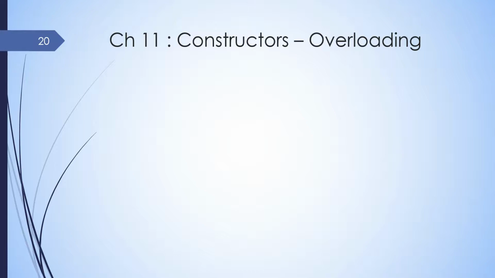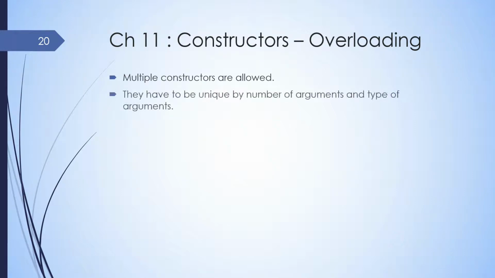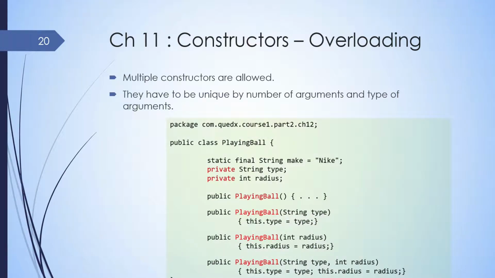Let's go over what constructor overloading is. This is similar to method overloading. It is possible to have multiple constructors. They have to be unique by the number of arguments and the type of the arguments. So here is an example.